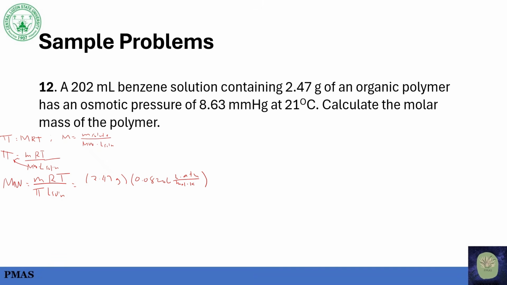Okay. Then for temperature, since we have the unit of Kelvin, we must first convert the 21 degrees Celsius to Kelvin by adding 273.15. So this is 294.15 Kelvin. Now we can write it to our equation.